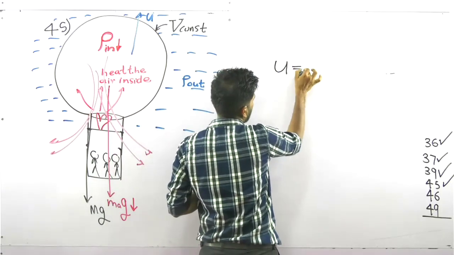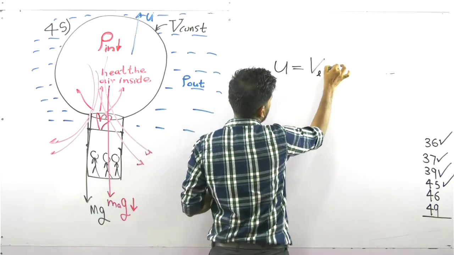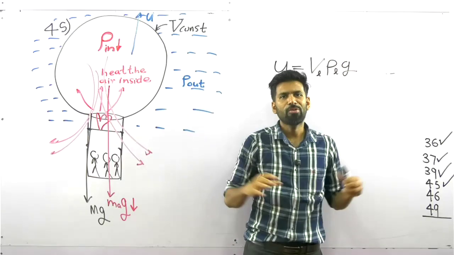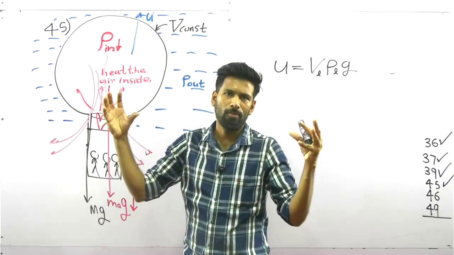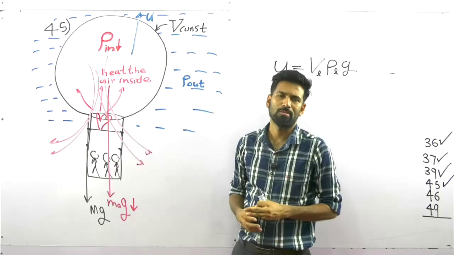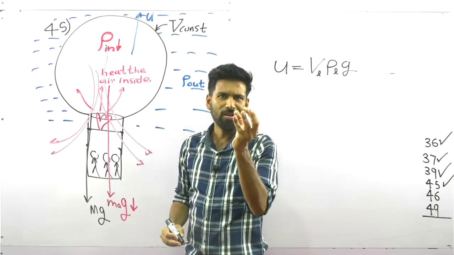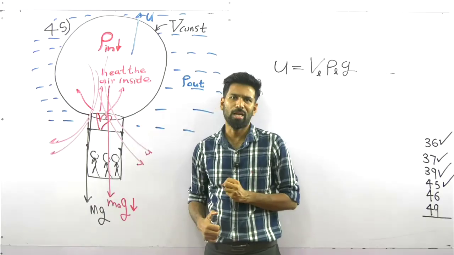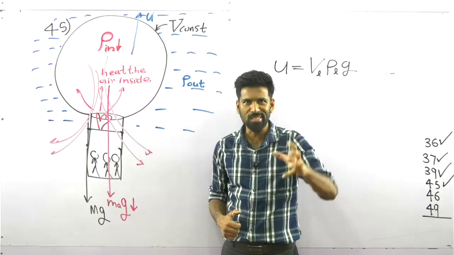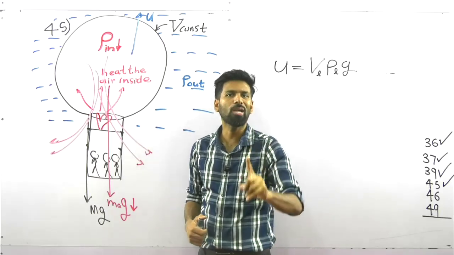Upthrust is equal to the volume inside the liquid times the density of the liquid times g. A liquid like water has a density of 1000. So even for an object with a smaller volume, as the density is high, water will create a good upthrust.